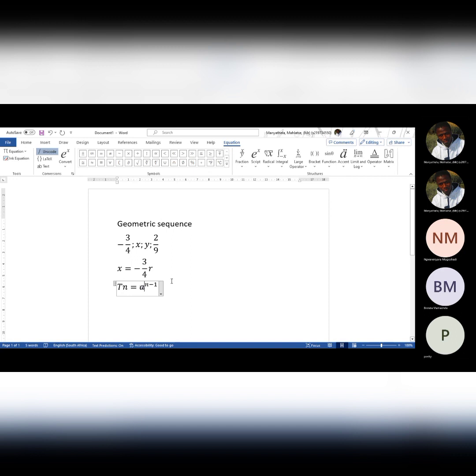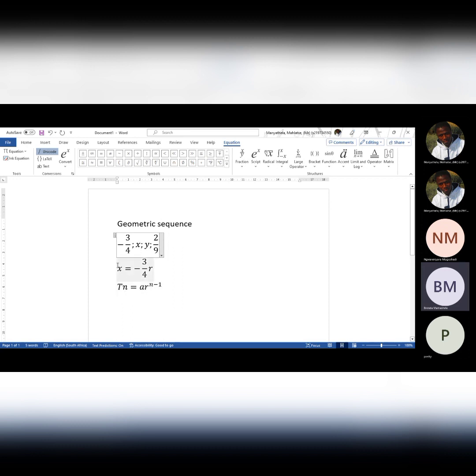It's always on the information sheet: Tn equals ar to the exponent n minus 1. Yes, we're familiar with it.